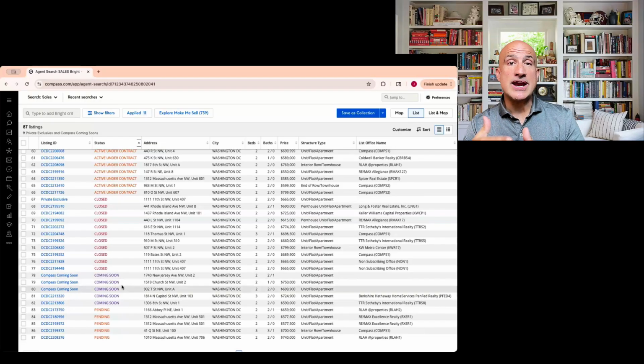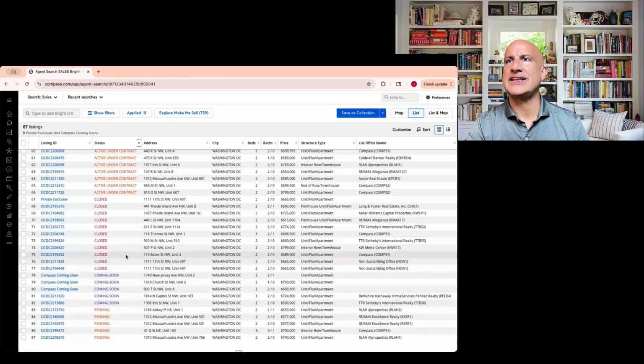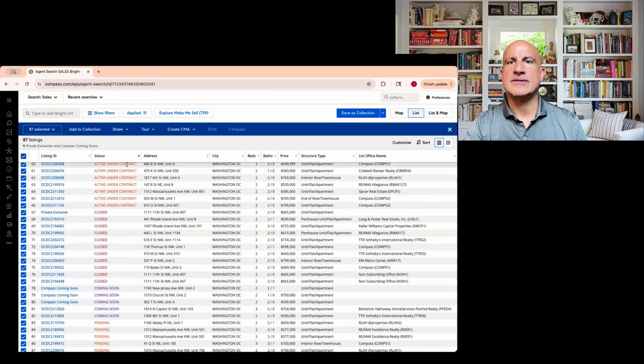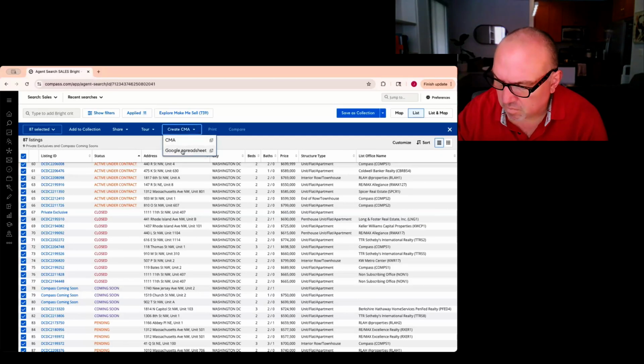The easy way to calculate success rate, especially with a big list like this, rather than counting 1, 2, 3, 4, is to select everything. Select all of the comps in the analysis, go to create CMA and hit Google spreadsheet.